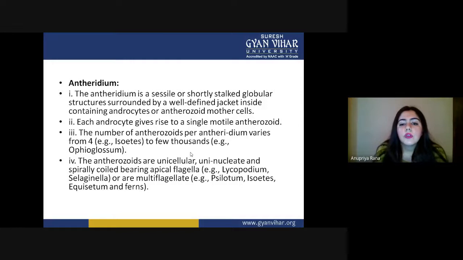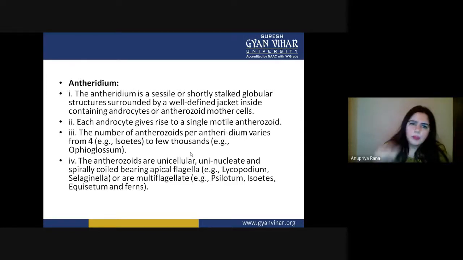The number of antherozoids per antheridium varies from 4 to a few thousand. They are unpredictable. You cannot predict 20, 30, or 40. It depends on the condition they are in. If everything is favorable, they can produce as many as they can.